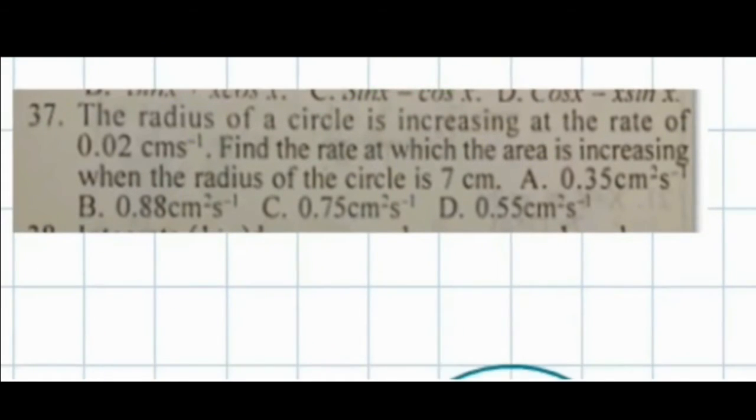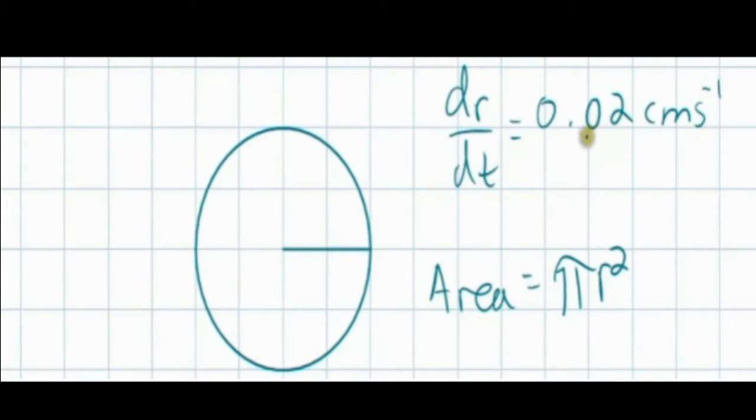Question 37 says the radius of a circle is increasing at the rate of 0.02 centimeters per second. Find the rate at which the area is increasing when the radius of the circle is 7 centimeters. So first off, we know that the rate of the radius over time is increasing at a rate of 0.02 centimeters per second.